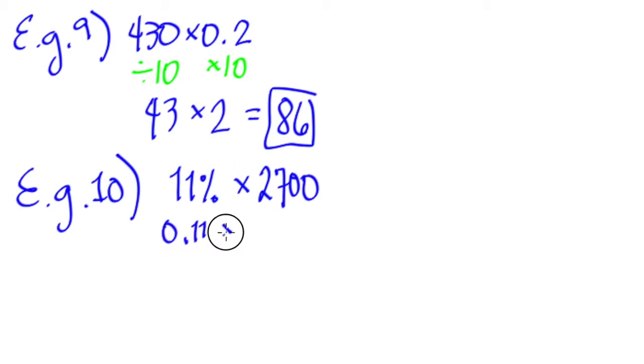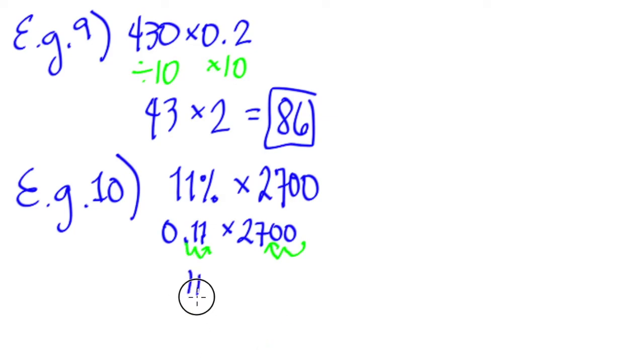That's understood already by everyone. So what we need to do is make this 11 a whole number. By the same reasoning we used before, we'll move the decimal point twice to the right, and move the decimal point in 2700 to the left, in the opposite direction, to compensate.